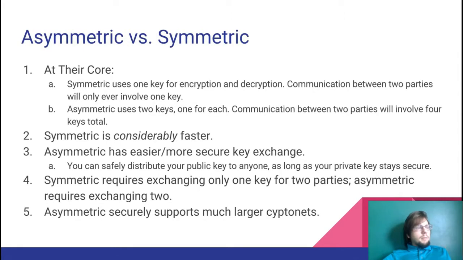So let's compare asymmetric cryptography with symmetric cryptography, okay? At their core, symmetric cryptography only has one key, a shared secret that can be used for both encryption and decryption. Asymmetric, again, has the two keys, the public and private key. And communication between two parties will have two sets of two keys, 4 keys total.